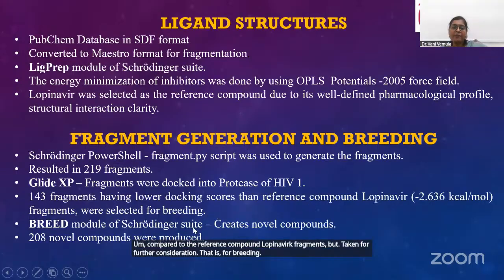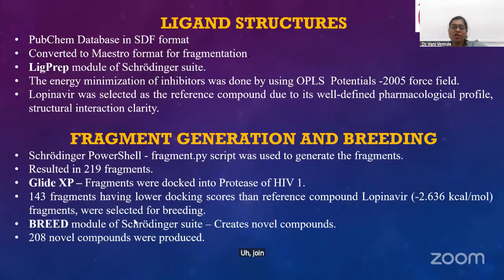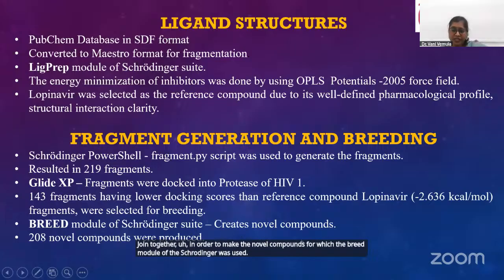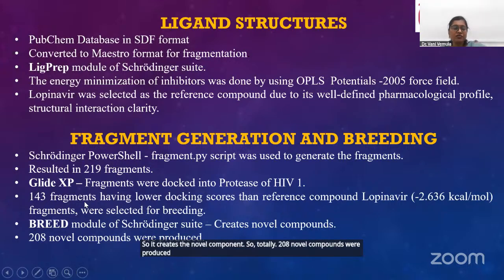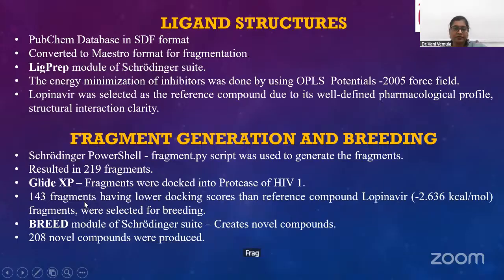In breeding, all these fragments in different combinations were joined together to make novel compounds, for which the breed module of the Schrodinger was used. So it creates the novel compounds. Totally 208 novel compounds were produced out of these 143 fragments.